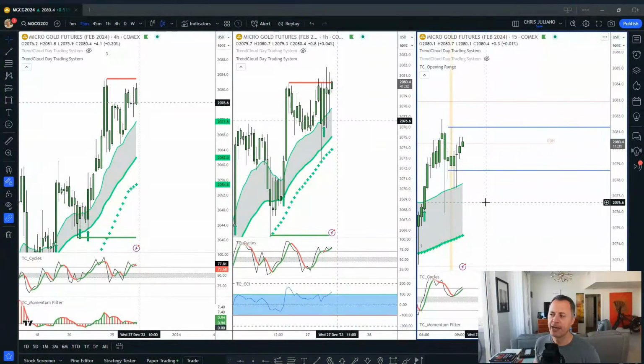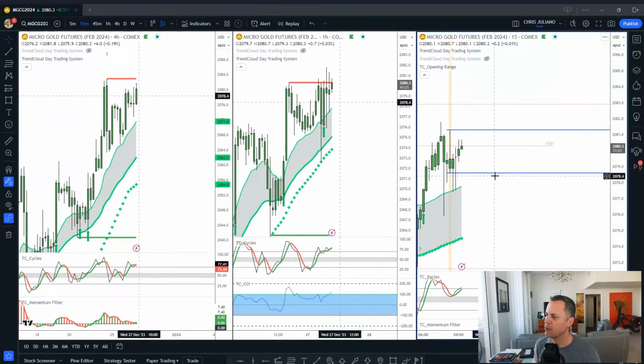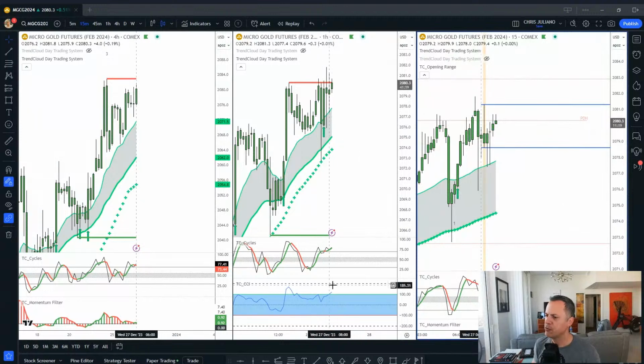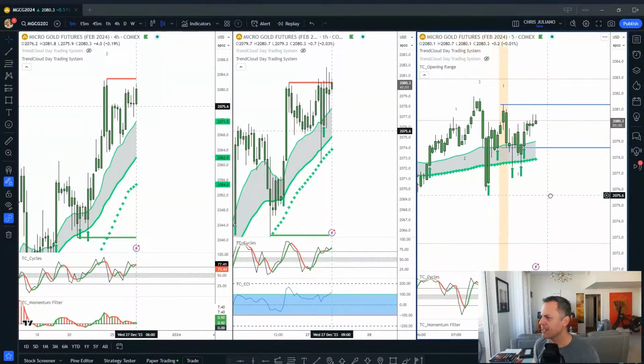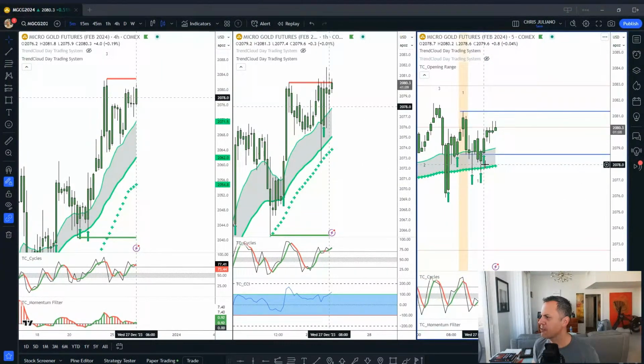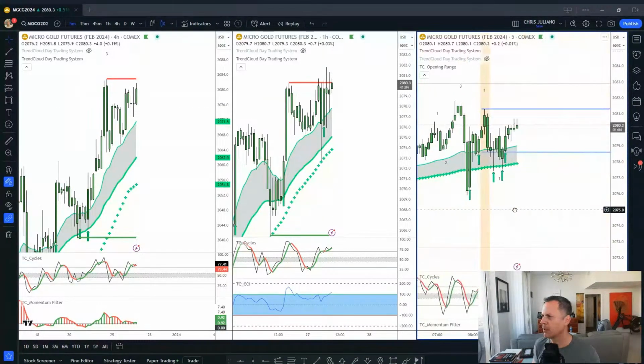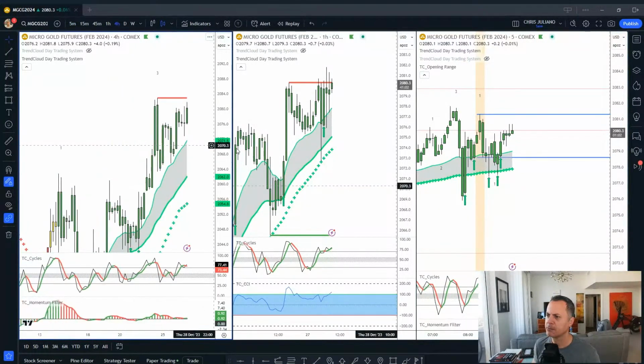Anything under 20,000, I would just be cautious. All right. So we do have momentum and trend on our side. And there we are getting these TrendCloud signals here to the upside.